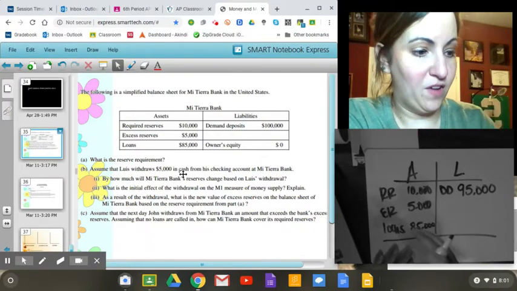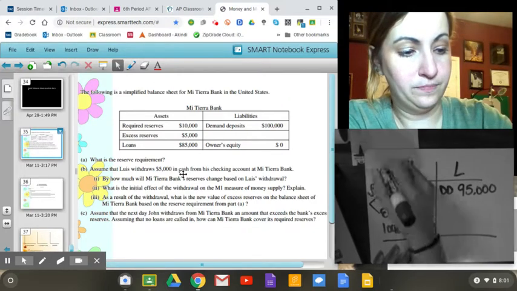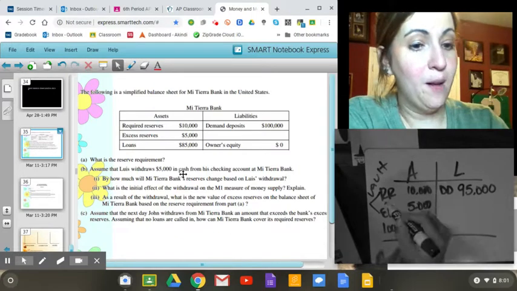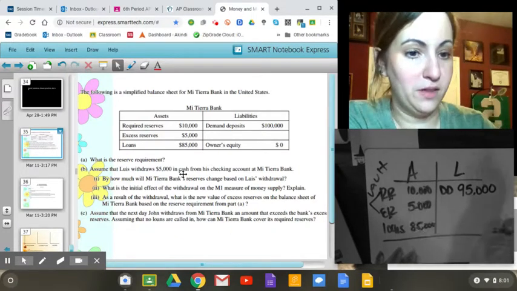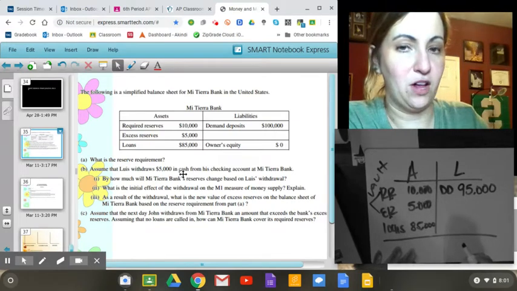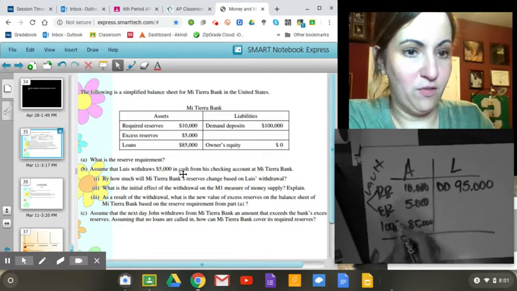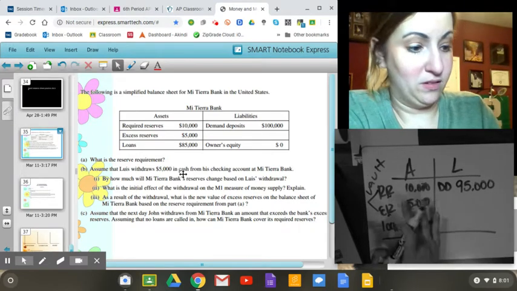So someone comes and withdraws $5,000. I have to give them $5,000 from the money in the vault. This right here is the vault. Excess reserves and required reserves is the money in the vault. Money I can touch and money I can't touch. But here's the thing. They withdraw $5,000. I'm going to have to give it to them. It's going to come from the money I can touch, which is $5,000.